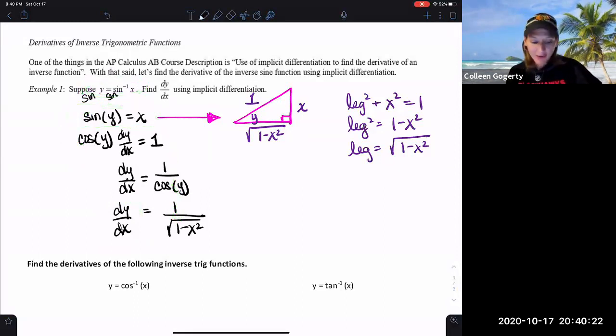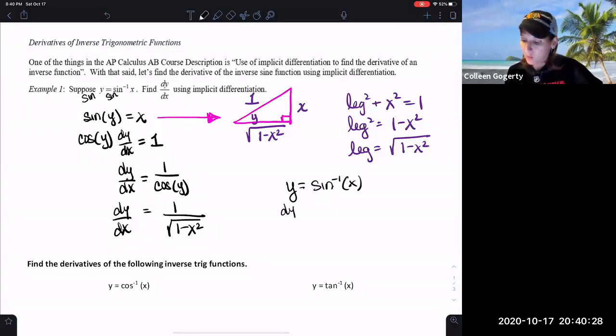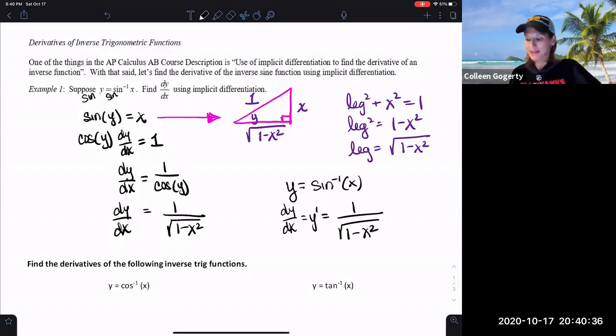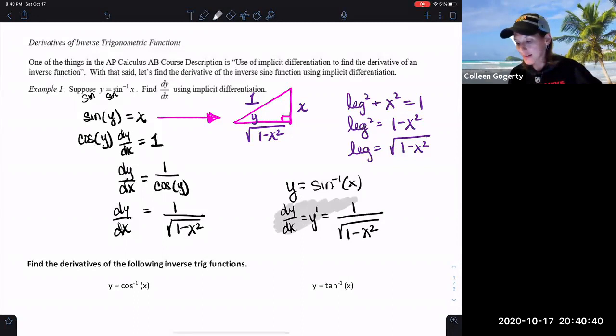So when I look at my final result, if y was sine inverse of x, then dy dx, or y prime, whatever way you want to write it, is going to be 1 divided by the square root of 1 minus x squared. And my friends, this is a derivative that you must know.